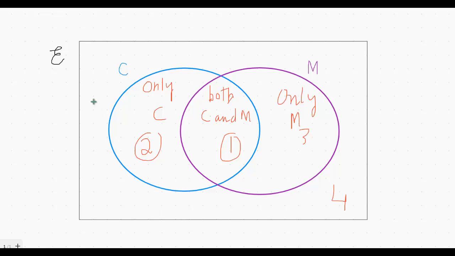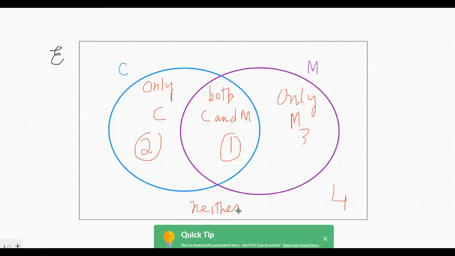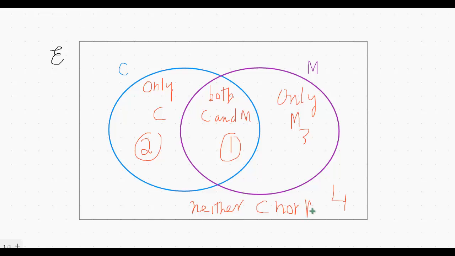And the region which is outside of both C and M is called neither C nor M. So students must be familiar with these regions, and they should know the names of these regions to understand the application of the Venn diagram.